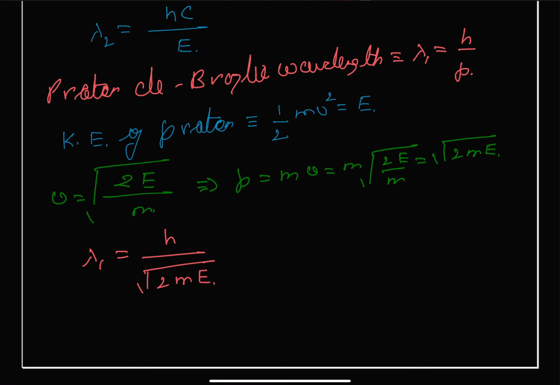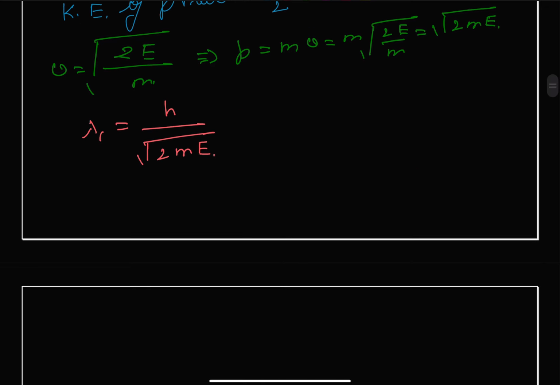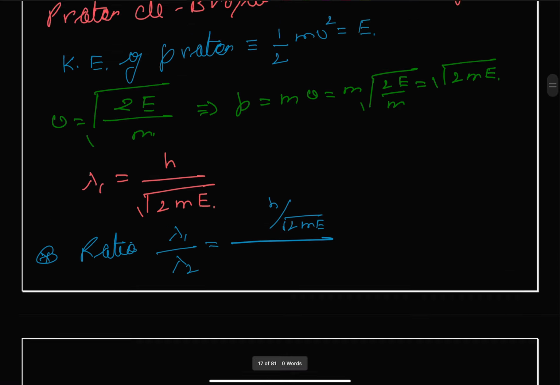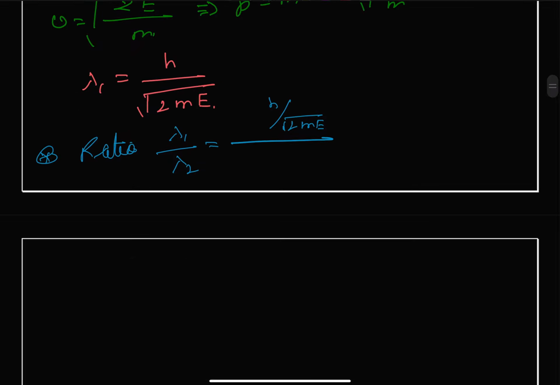Now we can find the ratio of lambda 1 upon lambda 2. Lambda 1 is h upon square root of 2mE, and lambda 2 is equal to hc upon E. Here h and h cancel out.